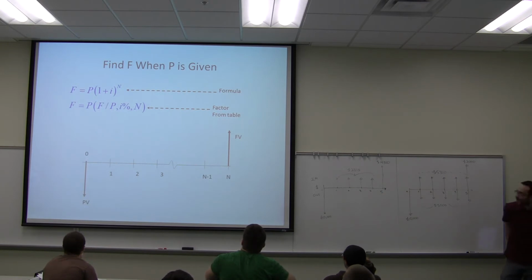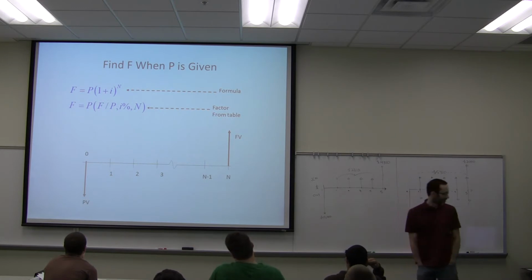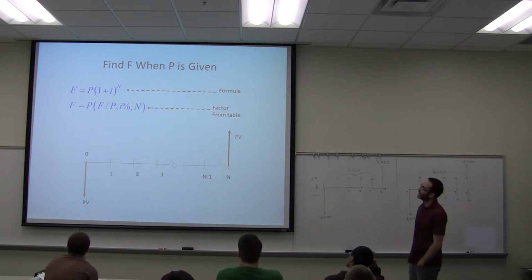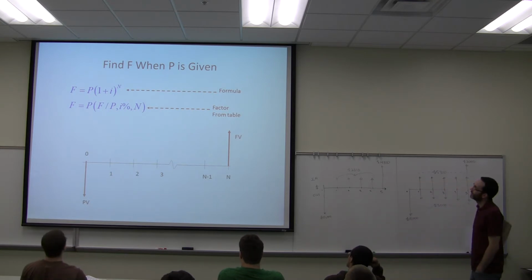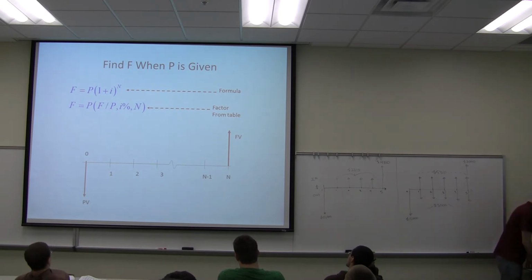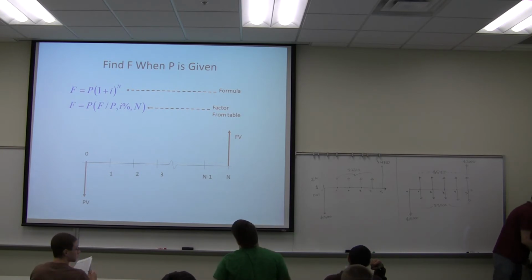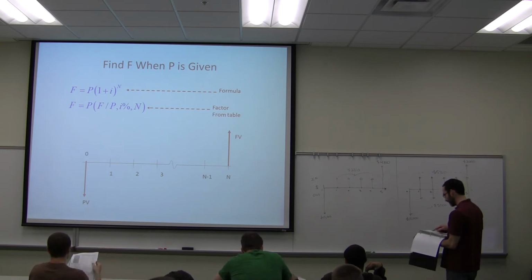Okay, so these are the tools that you've got when you're doing your cash flow diagram Sudoku. You can convert between present value and future value. So find F when P is given. And so look how they express that in terms of the tables that I've just handed out to you. The first page on that table, find F when P is given.